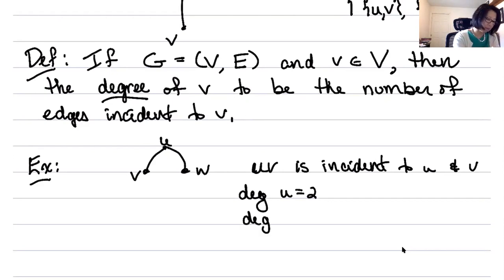The degree of v equals 1, because there's only one edge that has endpoint v, and the degree of w is also 1.